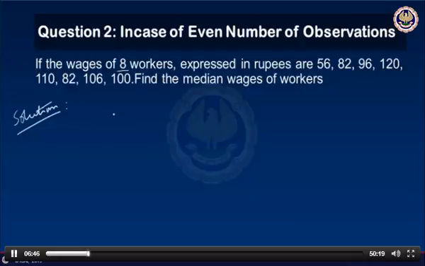Now, first we have to arrange the data in ascending order of magnitude.